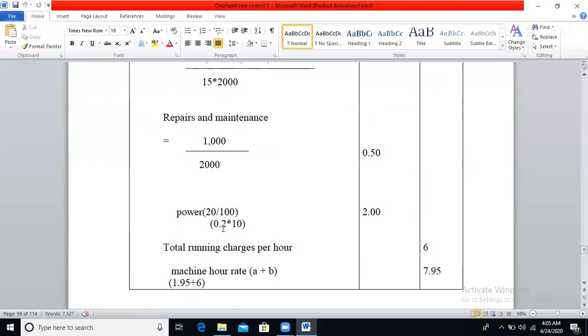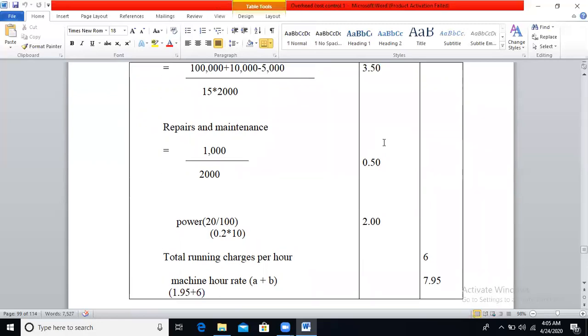So 0.2 into 10, you will get 2 rupees. Now calculate all variable expenses, that is 3.50 plus 0.50 plus 2, you will get total running charges per hour 6 rupees. So if you add standing charges rate per hour plus total running charges per hour, you will get machine hour rate.